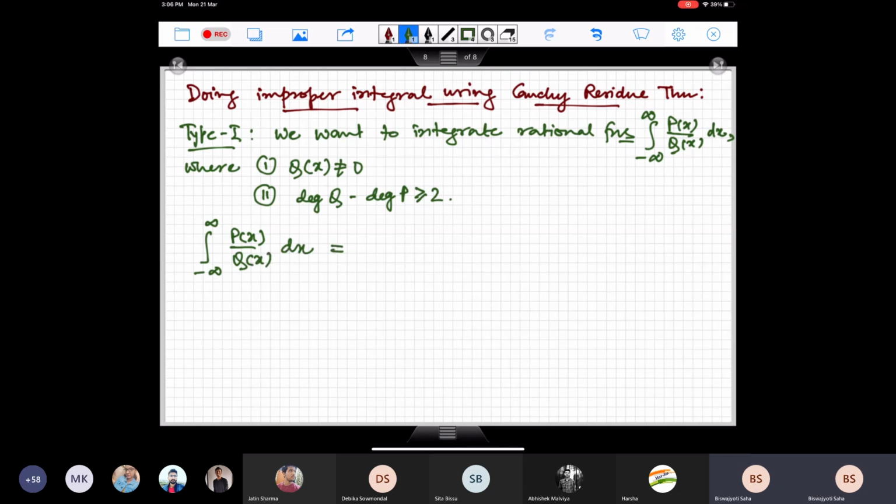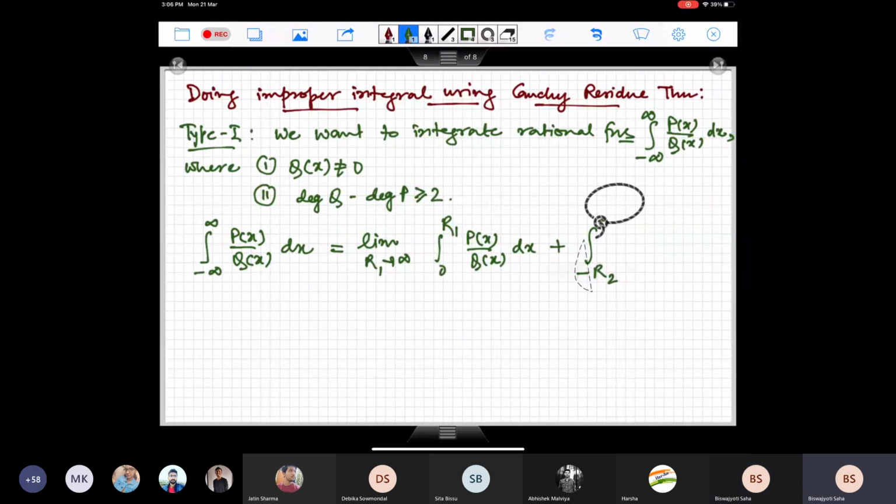It should be equal to the limit as r1 tends to infinity of the integral from 0 to r1 of p(x) by q(x) dx, plus the limit as r2 tends to infinity of the integral from minus r2 to 0 of p(x) upon q(x) dx.